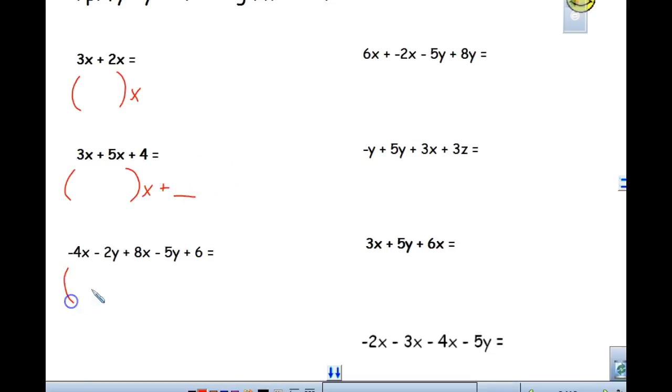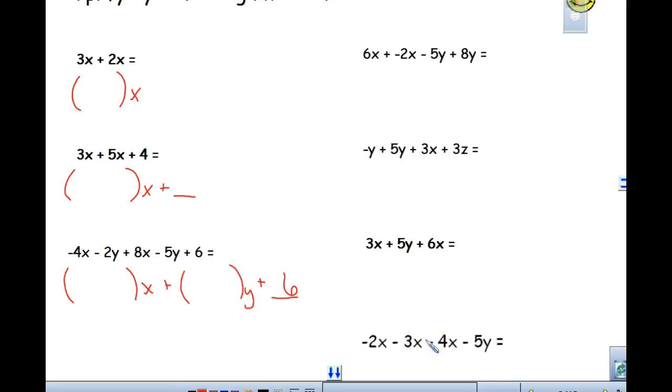This one, you have to add the x ones, you have to do the y's, and then you have your number. And there's only one number, one constant. So try those right now on your own, okay? And then we will look at those.